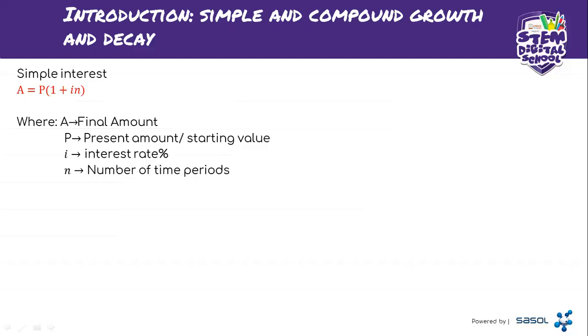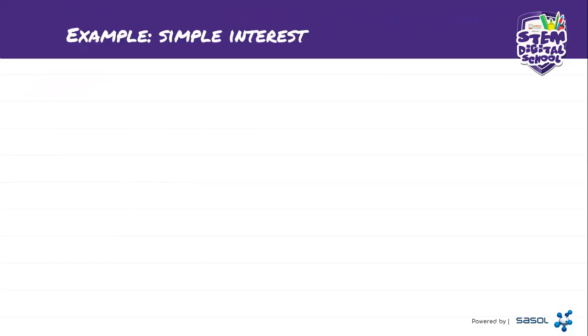Remember, when you are dealing with i, if you are given i, you always divide it by 100. Now, n is the number of time periods, right? Now let us get an example where we are going to apply the formula for simple interest.